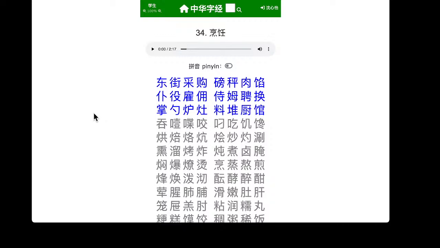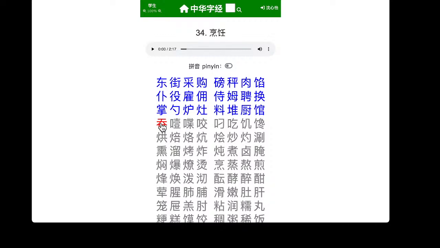Okay, like piled up. 料堆. 厨管堆在哪里呢? Where is it piled up? It's in 厨 and 馆. So 厨 means kitchen. 馆 means what? Means a place that is accommodating for food and for shelter, right? So that's what this sentence means.